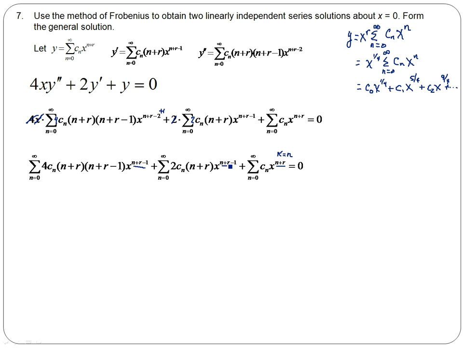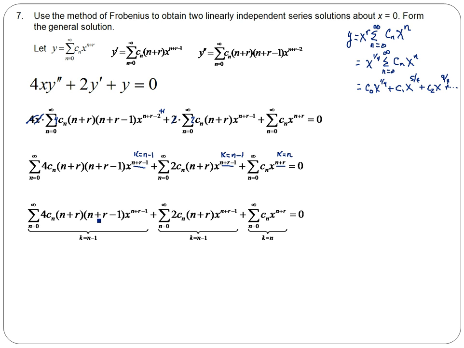Here, just ignore the r, and here you get k is n minus 1, so that each exponent is n plus r. And here k is n minus 1. So if k is n minus 1, then n is going to be k plus 1.